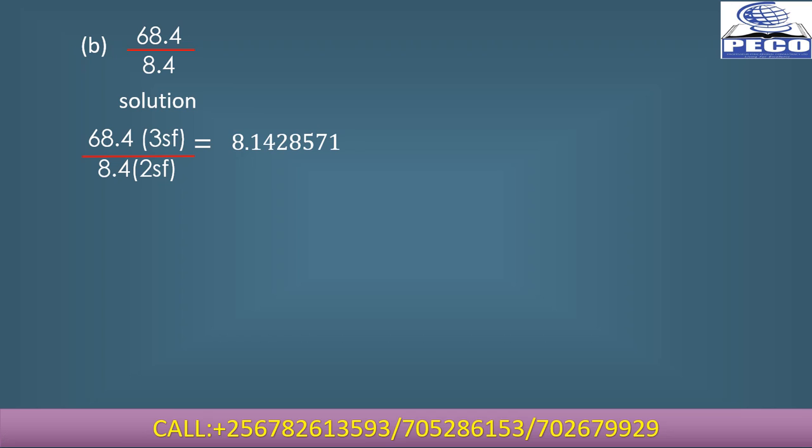Not decimal places. They both have the same decimal places. You can see 1, even here 1, but the number of significant figures are different. This one has 3 and this one has 2. So we shall round off to 2 significant figures, the one with the lowest.